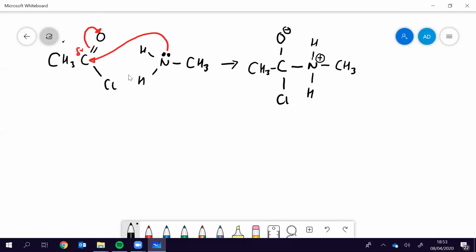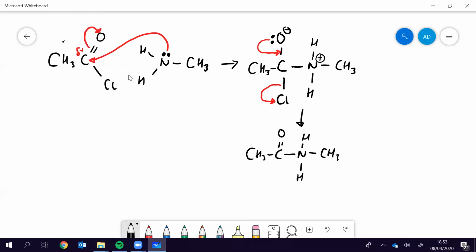Okay, so the next step in the mechanism is the same as before: the pi bond reforms. So the lone pair on the oxygen goes back to form the pi bond. This carbon is now forming too many bonds, so now we've got to lose this. This comes off as a chloride ion. So if we draw that, CH3, and the final step in the mechanism is we're going to lose one of those hydrogens.